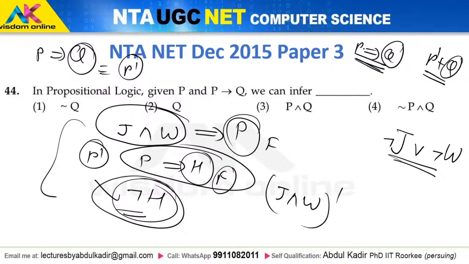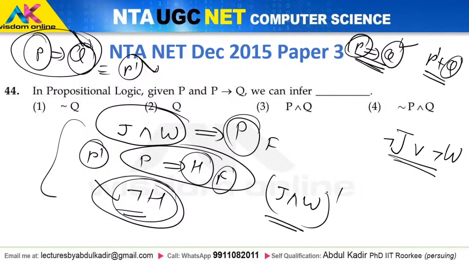From here, this is LHS, this is RHS. If RHS is false, then LHS will become false. Now our LHS is J and W, so J and W complement.